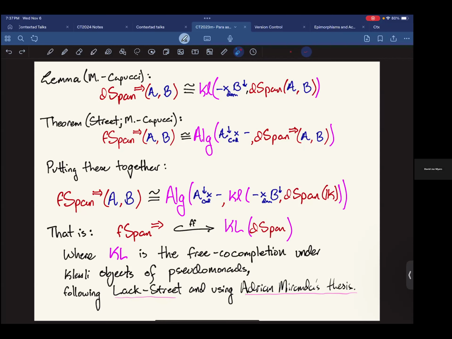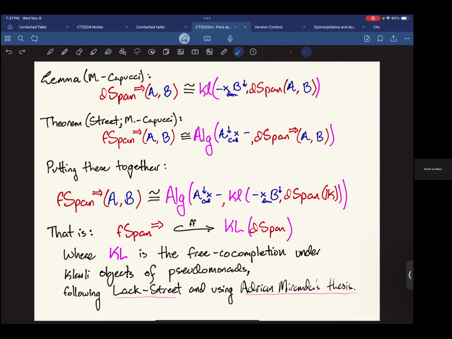And so when I say free co-completion under Kleisli objects, it's not as well known as it could be, but Kleisli categories are a certain two-categorical colimit of the monad itself. So you think of the monad as sort of a two-categorical diagram, and you take its colimit in a certain way, you get the Kleisli object.